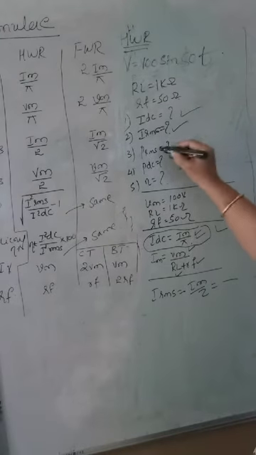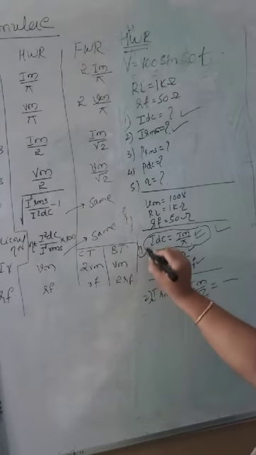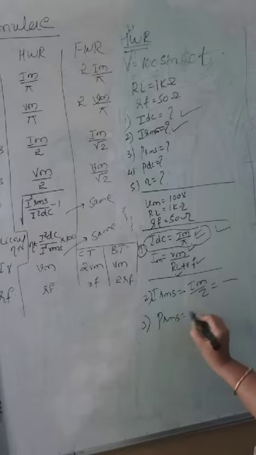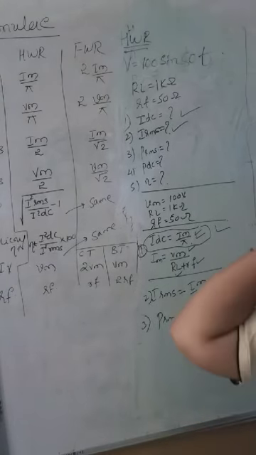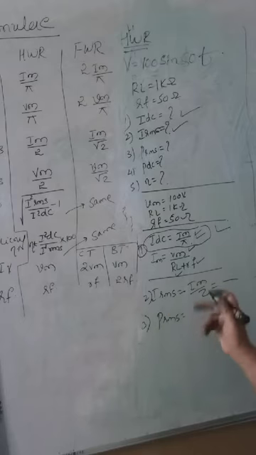Once you get the IRMS, what is PRMS? This is second, the first you have found. Third one, PRMS. You have to find PRMS, power in terms of the other calculated values, whether it is possible or not. Just to check, P is equal to I square R. PRMS is equal to I square RMS into R. IRMS value I have.